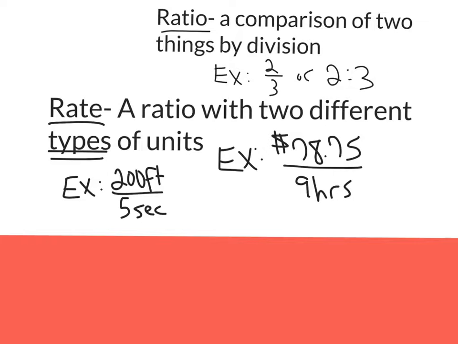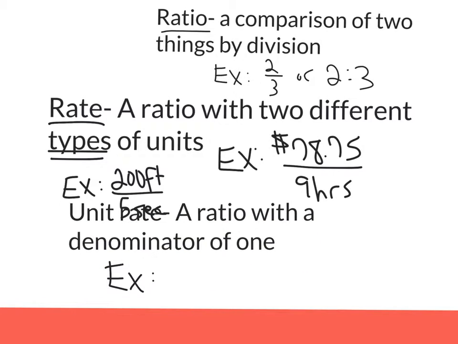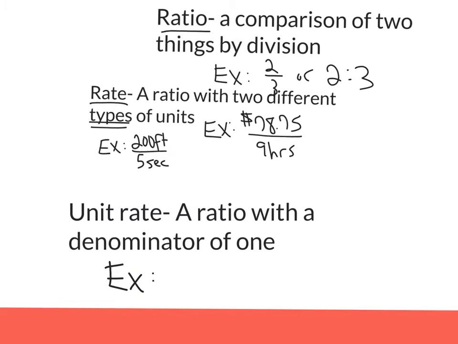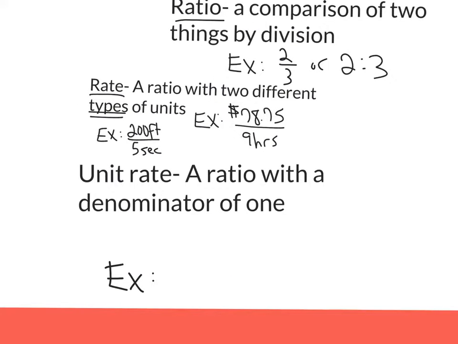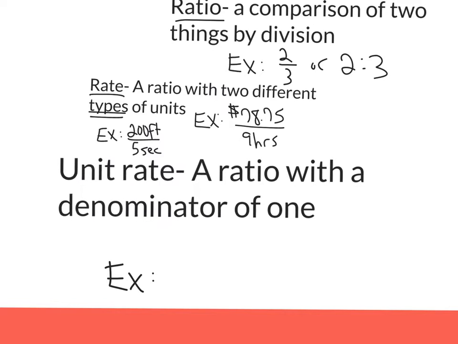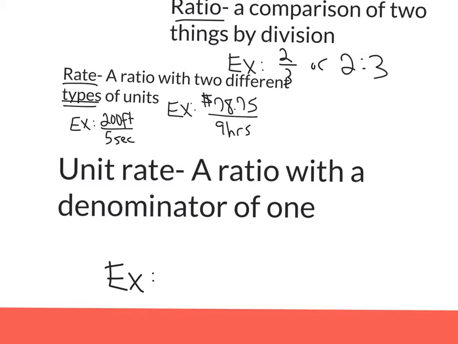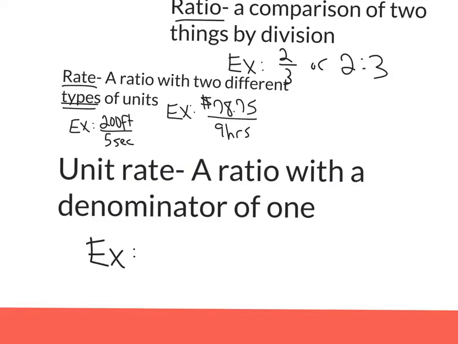More commonly, instead of rates, we're going to be more interested in finding unit rates. Unit rates are ratios with a denominator of 1. Ratios with a denominator of 1 are called unit rates. So for example, let's take the rates we just talked about.